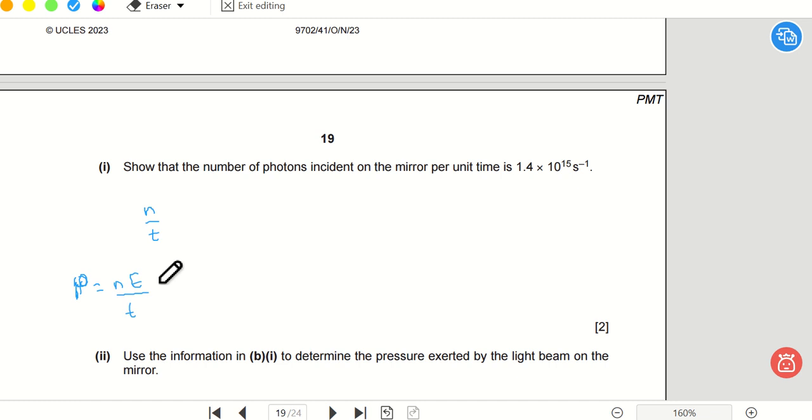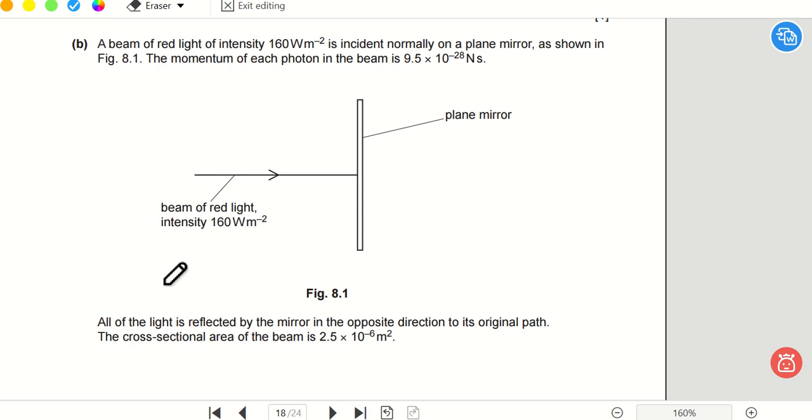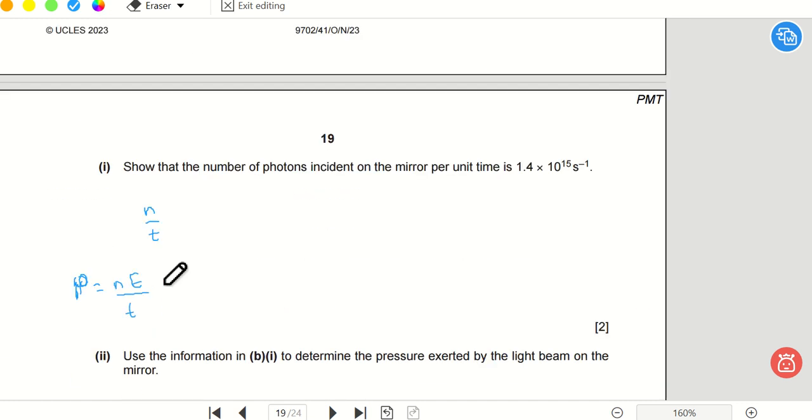Do we have the power value? We have the intensity value. So as we know that intensity equals power over area, we can say that intensity times area equals N over t, that we need as the subject, times E. I will put it here to make N over t the subject.